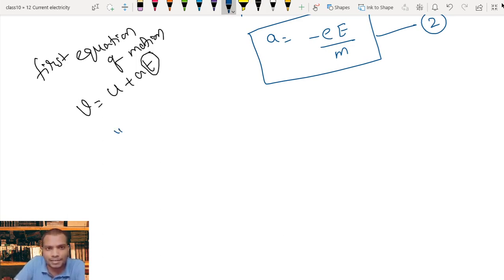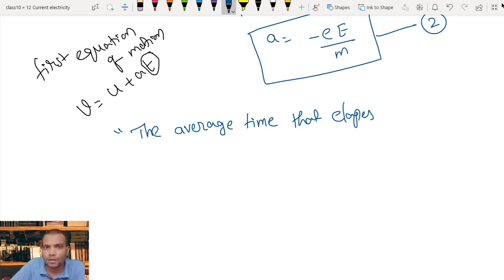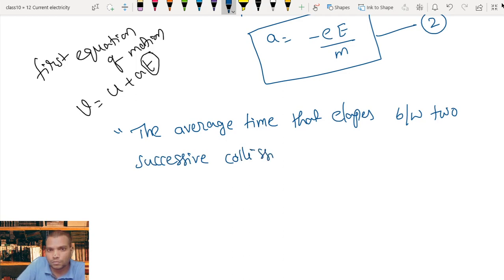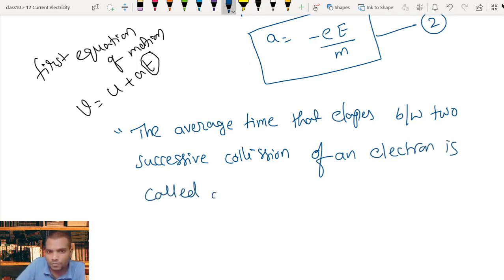We define it as the average time that elapses between two successive collisions of an electron, which is called the relaxation time.